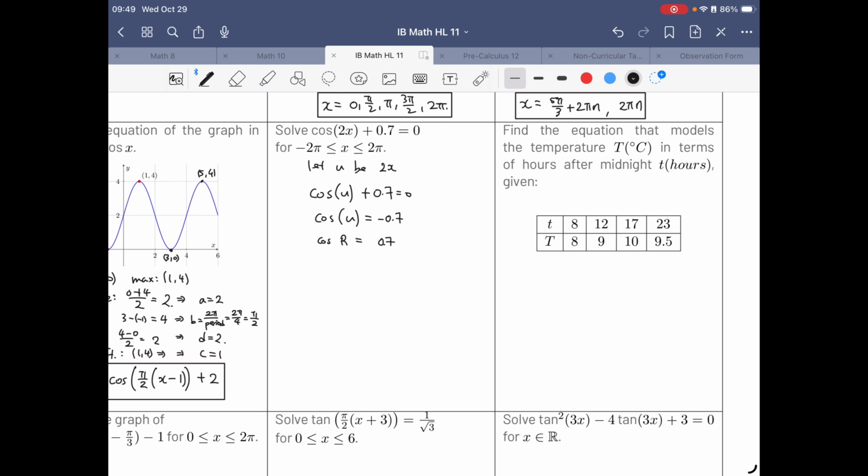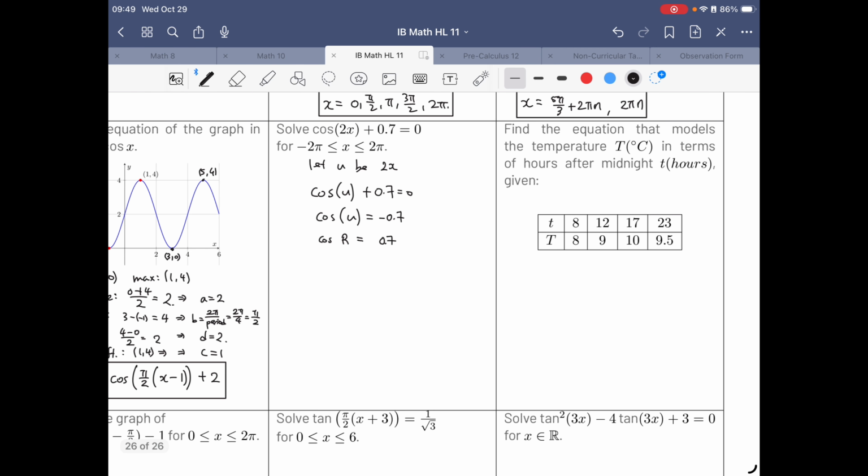special triangles. So let's do arc cos of 0.7 to find the reference angle, which is approximately 0.795. Because I know that cosine of u is less than 0, this means that we're going to be in quadrant 2 and quadrant 3 using the ASTC triangle.